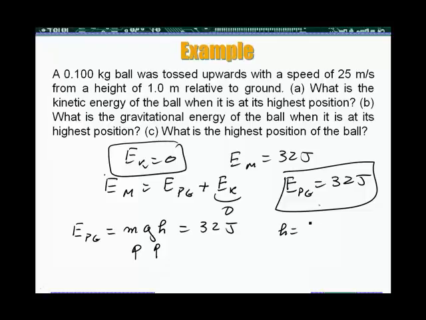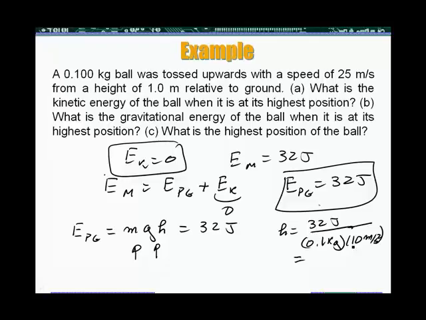H in this case is going to be 32 joules over m, which is 0.1 kilograms, and times g, which is 10 meters per second squared.